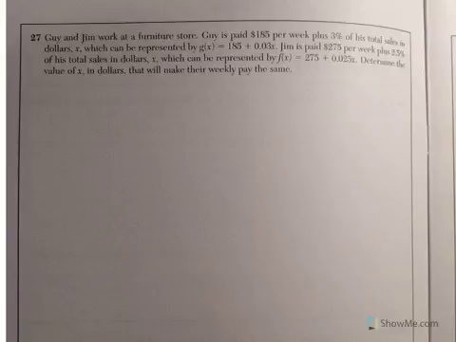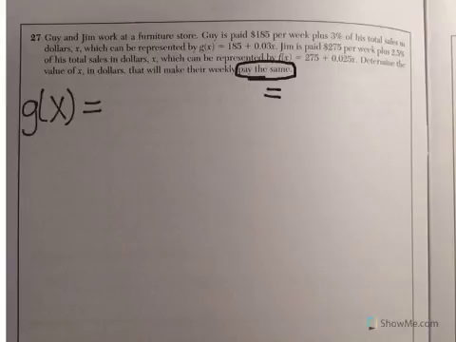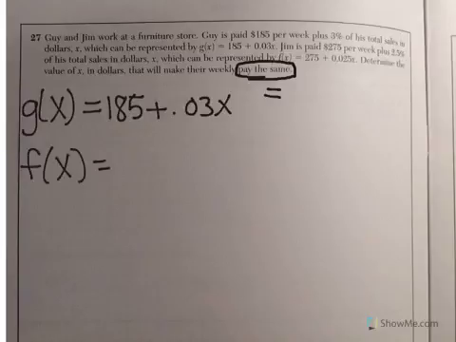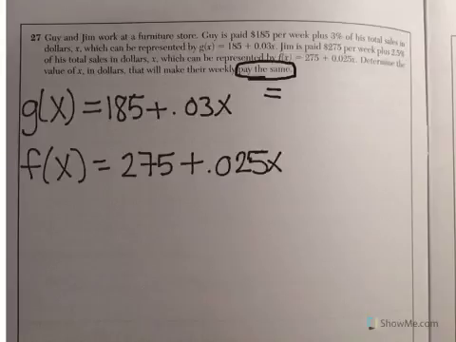So, they give you a lot of information here, and what you need to bring out of this is that you're looking for where these two equations are the same. Same meaning equal. The equations they give are g of x equals 185 plus 0.03x, and f of x equals 275 plus 0.025x.